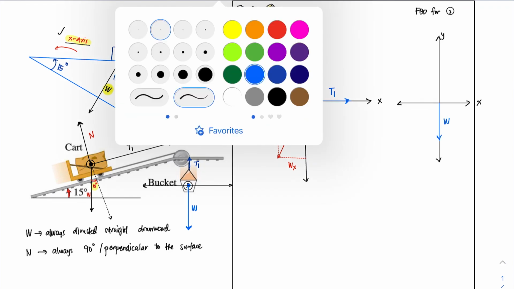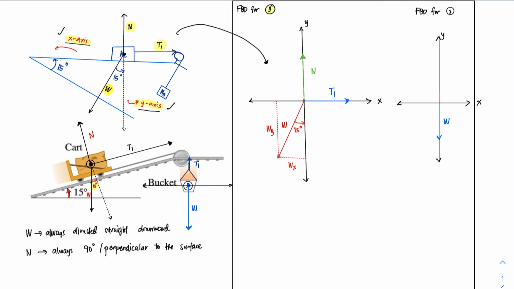And then tension 1 in red. Sorry, I have to switch the colors to be consistent. The weight will still be downward, of course. We're just changing the color, that is W. And your T1 is pulling the bucket upward, so it will have that direction. And that is T1. So that is your free body diagram for object 1 and object 2.